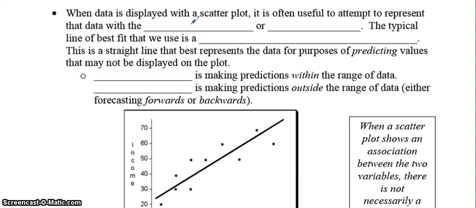When data is displayed with a scatter plot, it is often useful to attempt to represent the data with the line of best fit, or what is also called the trend line.